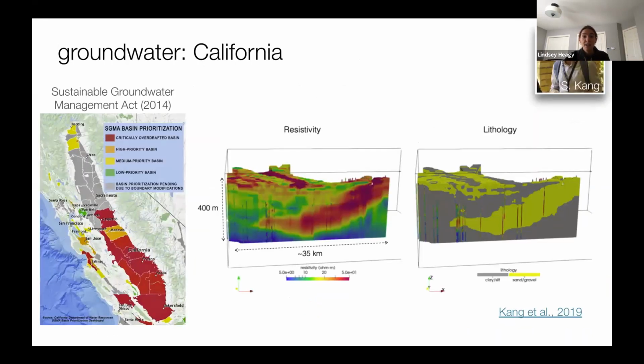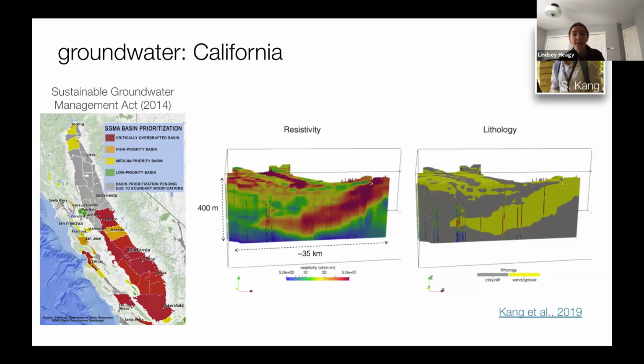This work is led by Sagi Kang. So he's currently at Stanford University looking at groundwater challenges in California. And so they've collected a whole bunch of airborne electromagnetic data, which is sensitive to electrical conductivity, which can tell us about where we have clay layers, which would be conductive, versus aquifers with fresh water, which would be more resistive.